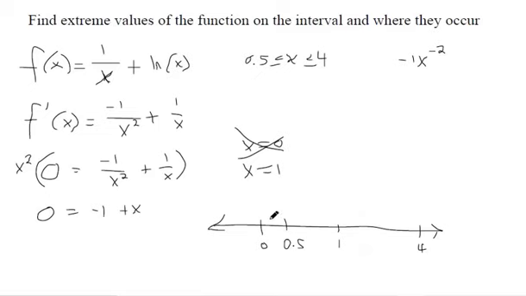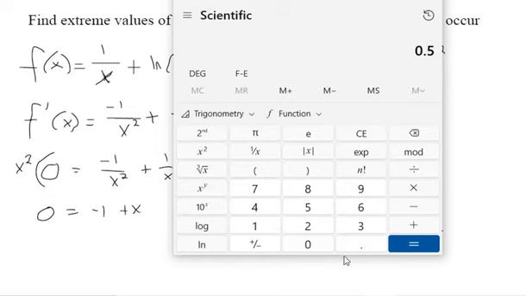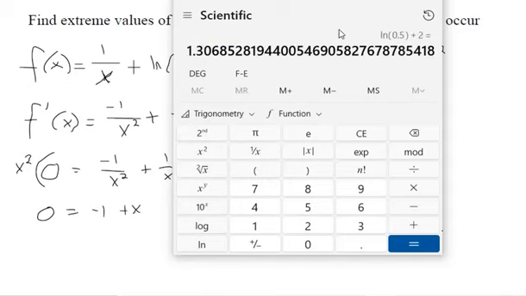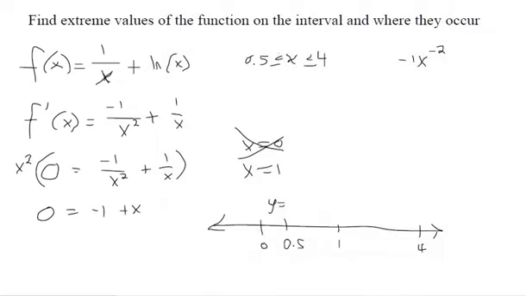So let's see what the y values are. At x equals 0.5, we plug that into the original function. 1 divided by 0.5 is 2, and then 2 plus natural log of 0.5. So if you plug in 0.5 for x, you get 1.3 roughly for y.